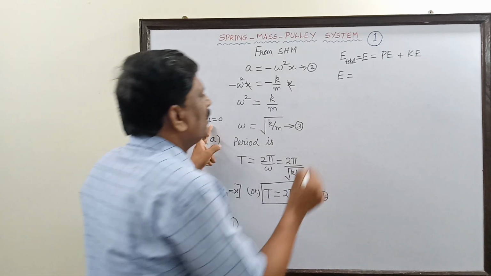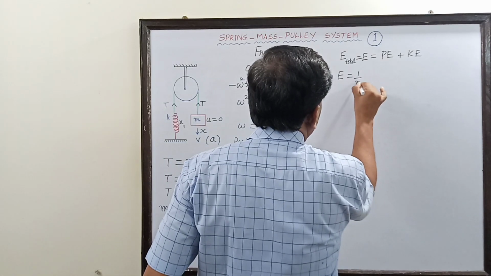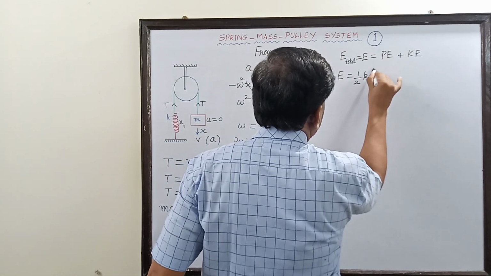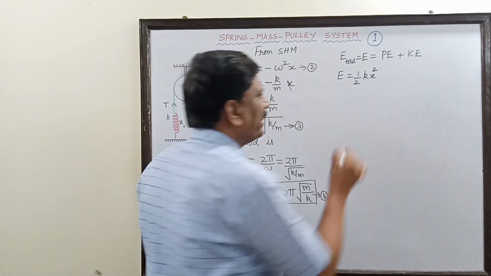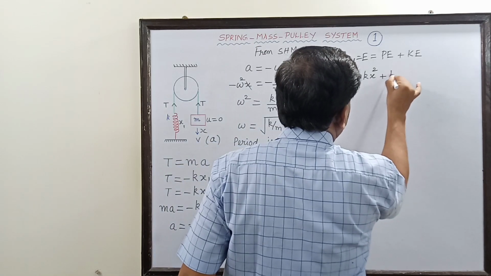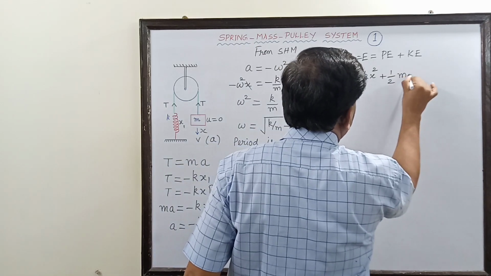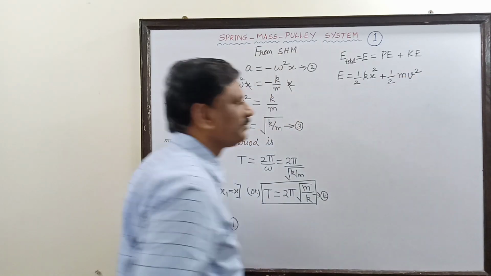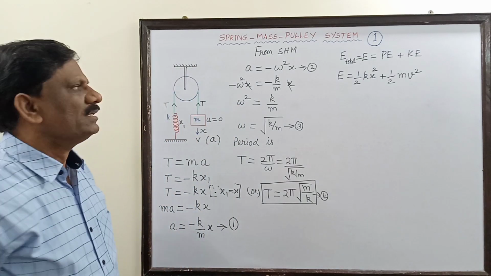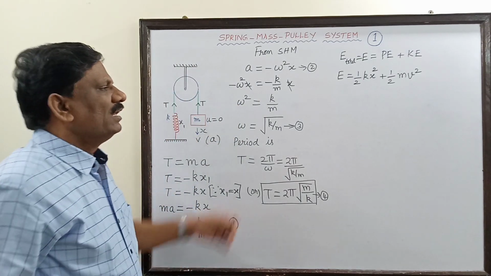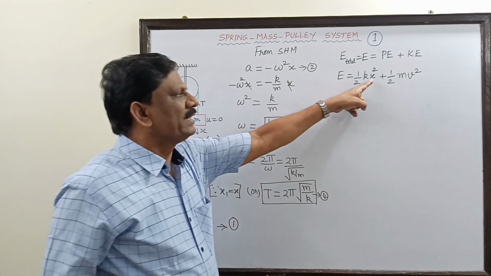This is half k x square, the potential energy of the spring, plus the kinetic energy of the mass, which is half m v square.